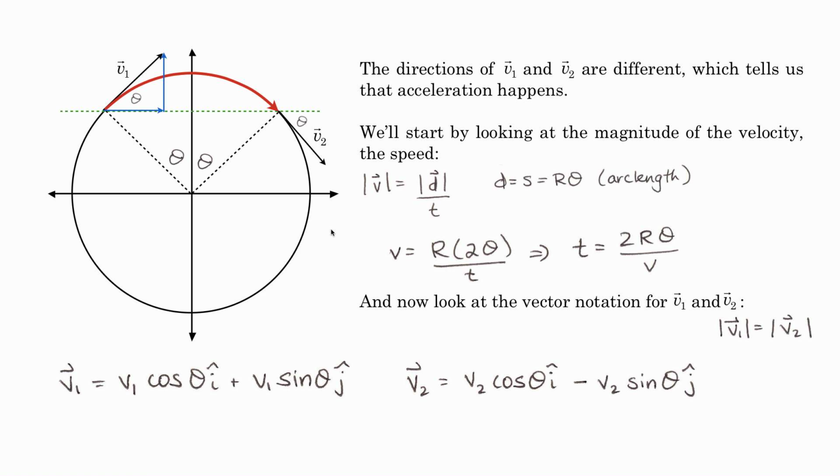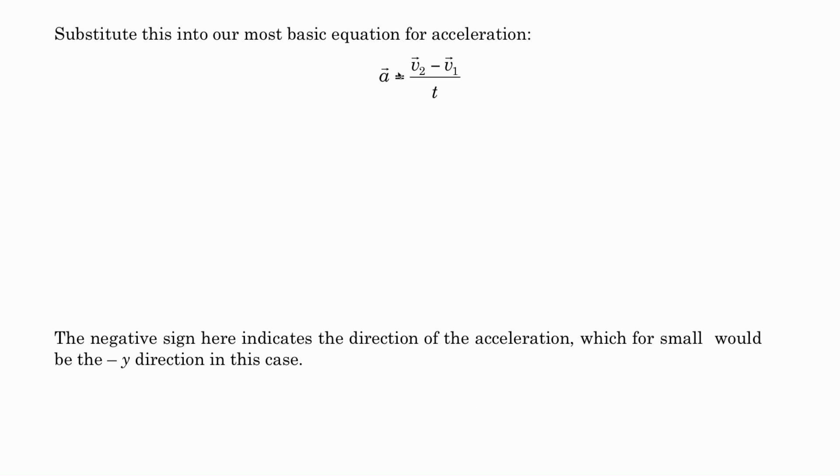Let's take these, because we're interested in finding out this acceleration, and whether this acceleration is truly directed towards the center of the circle. We'll substitute into our first kinematics equation for acceleration, v2 minus v1 over t. We've found an expression for v2, an expression for v1, and we have that expression for t.